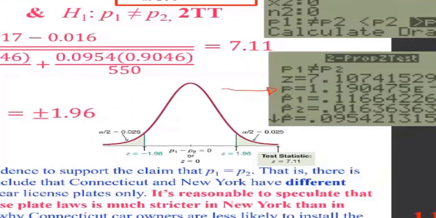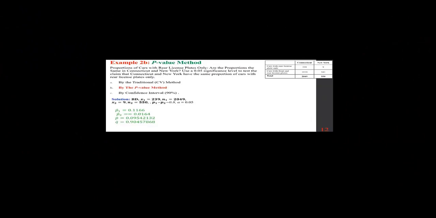To the right of 7.11, you shade that and multiply it by 2 because it's a two-tail test. And you compare it to alpha. Clearly it's less than alpha of 0.05, and you get the same decision: reject H0.